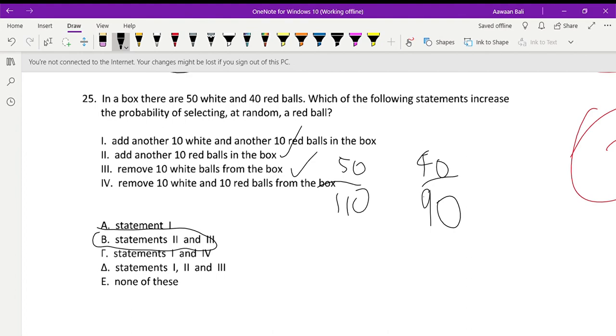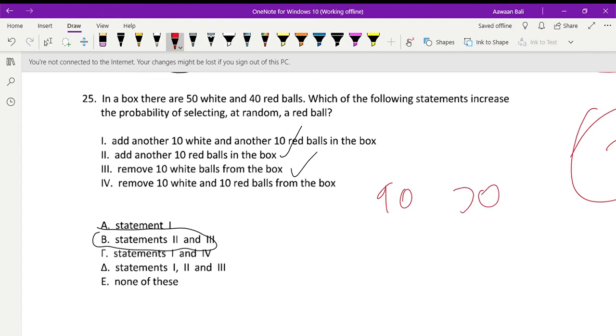You actually make this one here smaller. However, II and III are obviously working, so we can say that's correct. But now let's just check IV. Remove 10 white and 10 red balls from the box, which means that from the 90 it will become 70, and from the 40 it will become 30. It's lessened, so therefore the answer is II and III, beta.